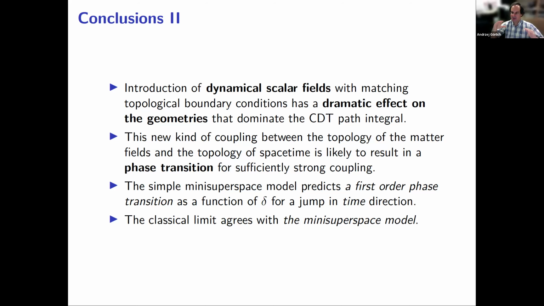So we change the topology, which most likely would trigger a first order phase transition, depending on the value of this delta parameter. And also the minisuperspace model is able to explain this phenomenon in quite a good manner.